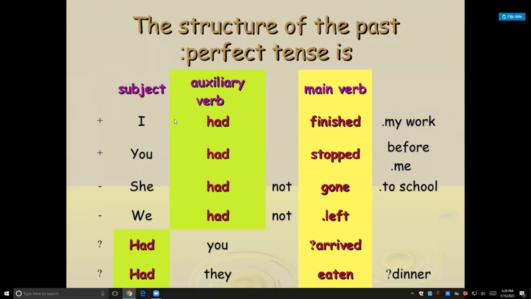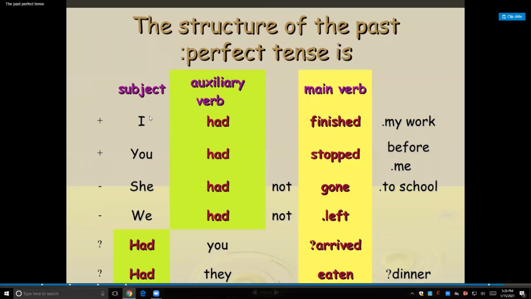We're not talking about past simple tense, the other part of the sentence, because we have already learned how to make it. Here, I'm just talking about the one action which took place first, which has to be in past perfect tense. The auxiliary verb in this case is had.